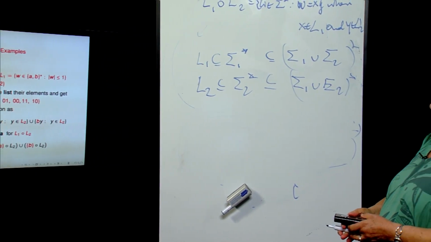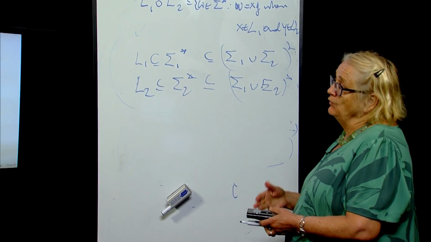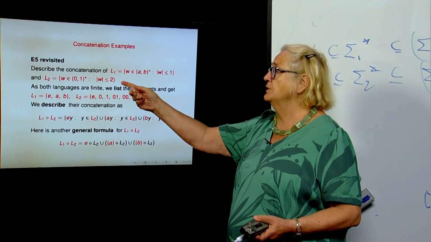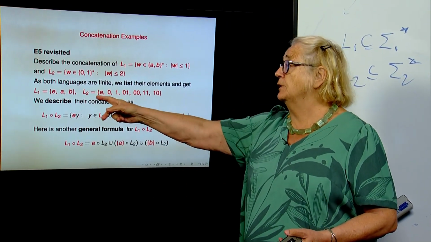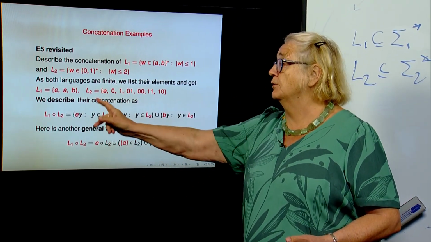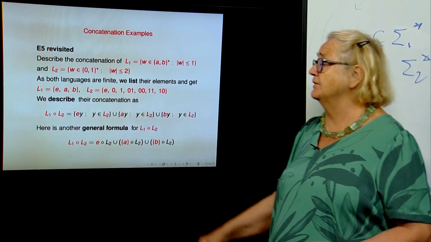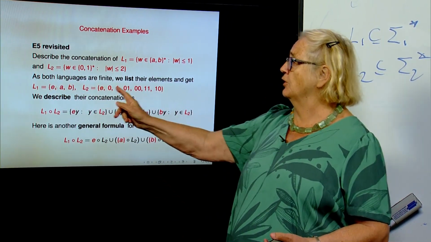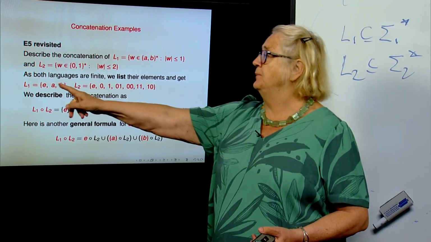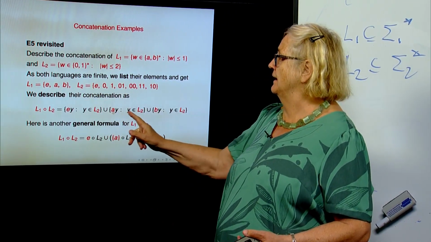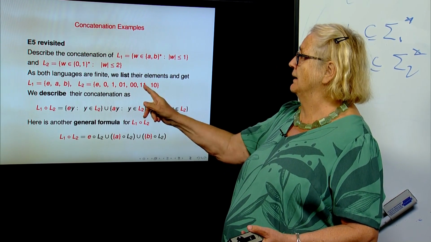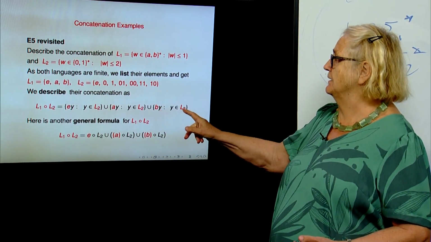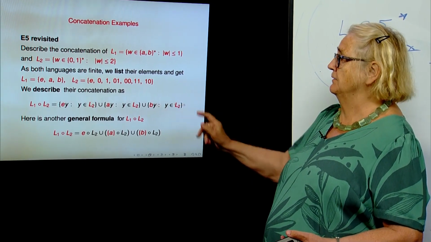Now, if you have a finite set, it's easy, right? You have one language and the other, and you can list them, and then you want to concatenate. So you can write the concatenation: E concatenated with this, B, A concatenated with all Y in the second, and now B concatenated with Y, Y in L2.